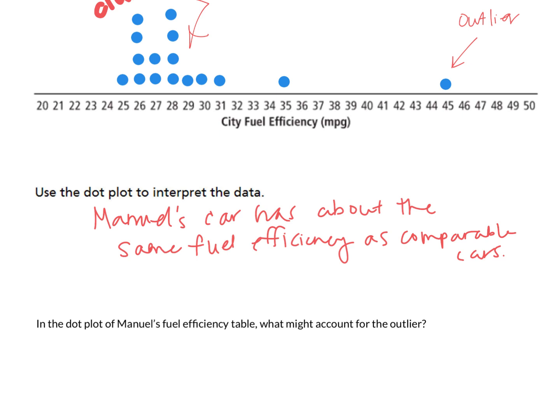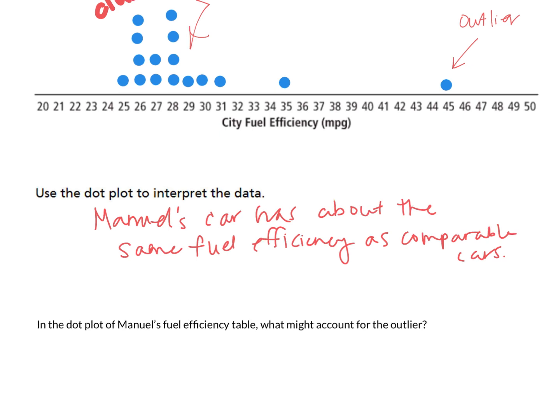So, maybe that car with the 45 is a hybrid car where it operates part with gasoline and part with electric power. So what might account for the outlier? The car could be a hybrid.